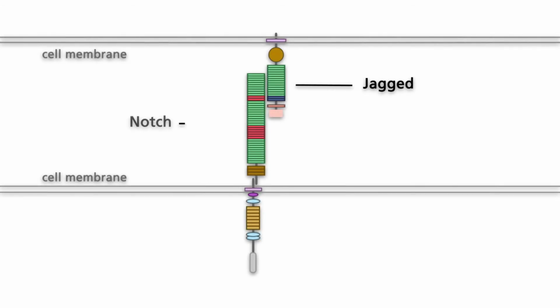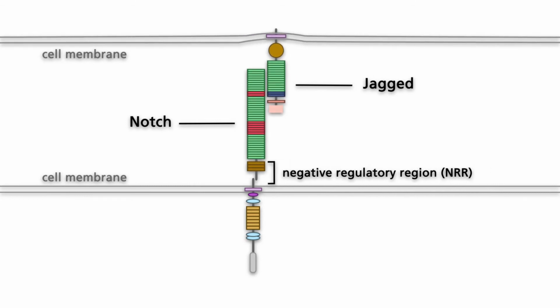The Notch signaling pathway. Notch signaling is initiated by the binding of a Notch ligand to the Notch receptor present in adjacent cells. It is thought that ligand binding to Notch combined with the start of ligand endocytosis induces a conformational change in the negative regulatory region of Notch.